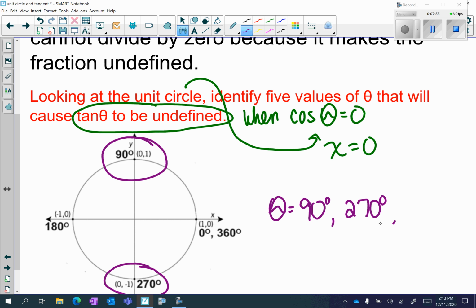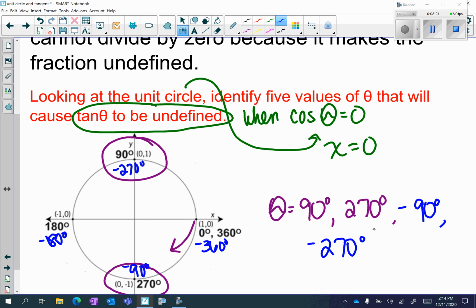But I want 5 values. So you can't forget about your coterminal angles. Your unit circle here is labeled with all your positives. What if I went in this direction? This would be negative 90, negative 180, negative 270, negative 360, which means that negative 90 and negative 270 are also where tangent would be undefined.